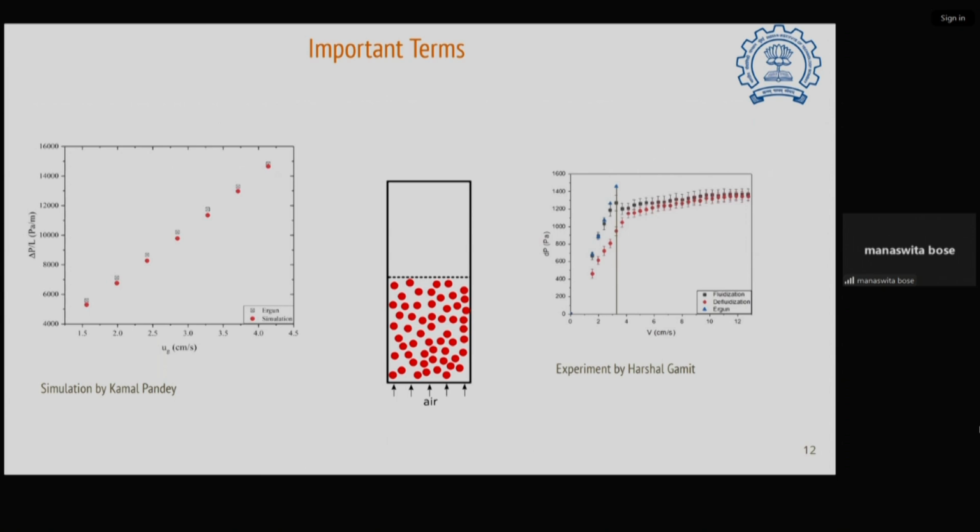So we check the results against the experiments. This is one result where we simulated a case, measured the pressure drop in a fluidized bed and plotted it against the superficial gas velocity, and compared it with the experimental value. The results give a reasonable match, within say 10%. Okay, it's a good exercise to do all the time whenever we take up simulation projects, right?